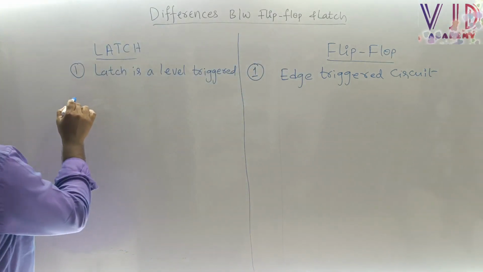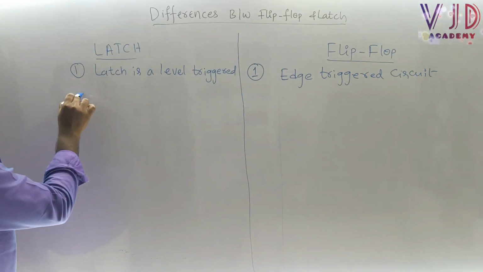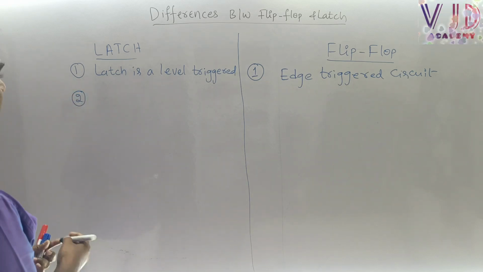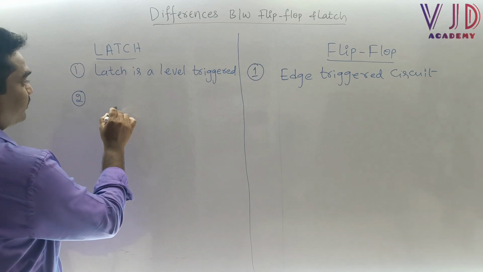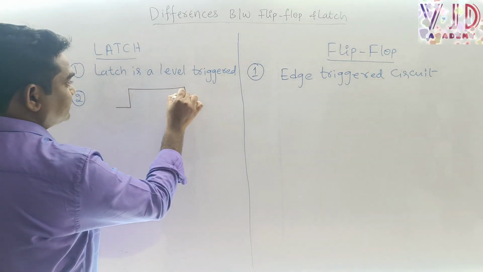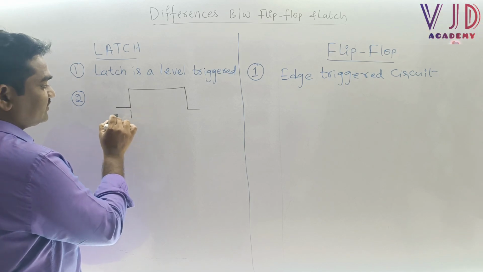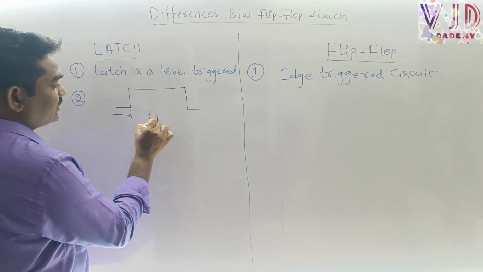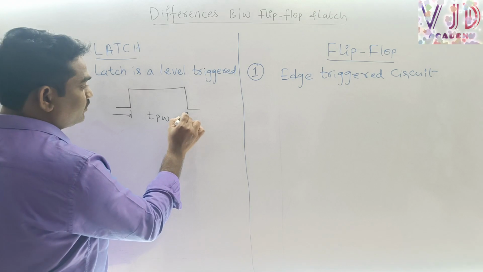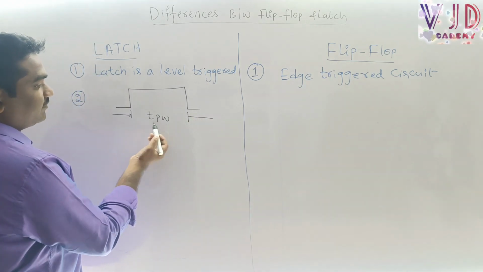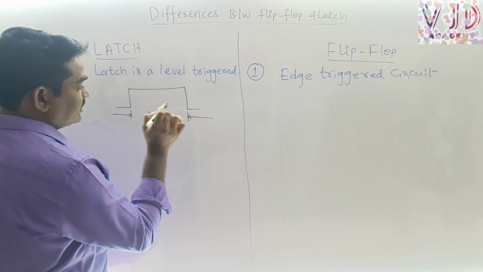And the second point: what is level triggering? Suppose you are applying an input signal, like this. This is an input signal, and it has a pulse width like this, TPW, the propagation time, or we can say the pulse width of this particular signal.